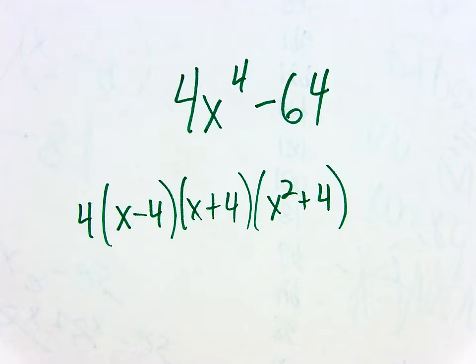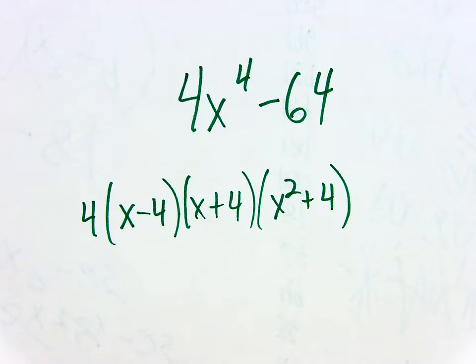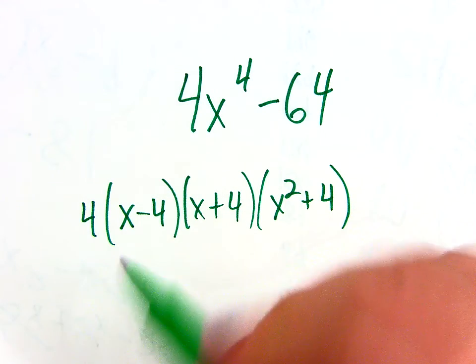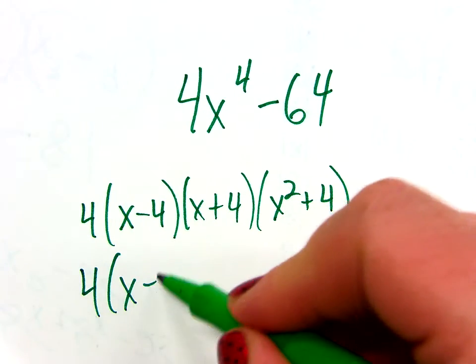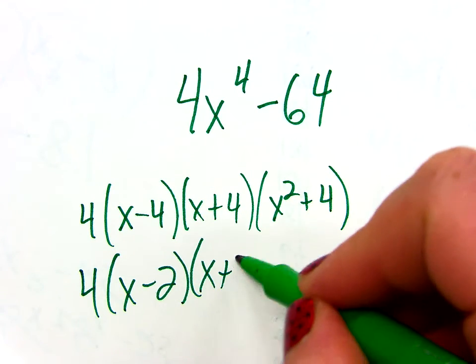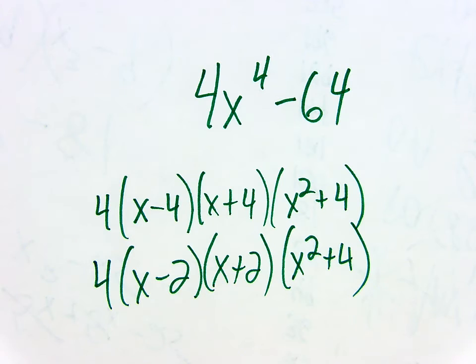Everybody got that answer? Go ahead, Bridget. It'd have to be x minus 2 and x plus 2 because it's squared. So you mean those two should be 2's? Yeah. Let's see. X minus 2. I just want to write down all the answers you guys give me. Any other answers besides these two?